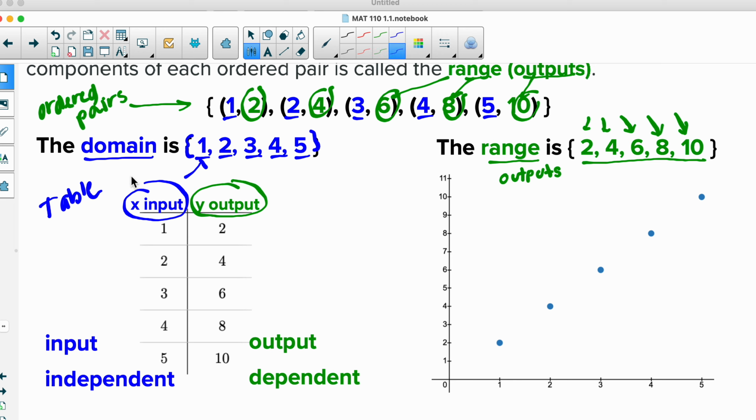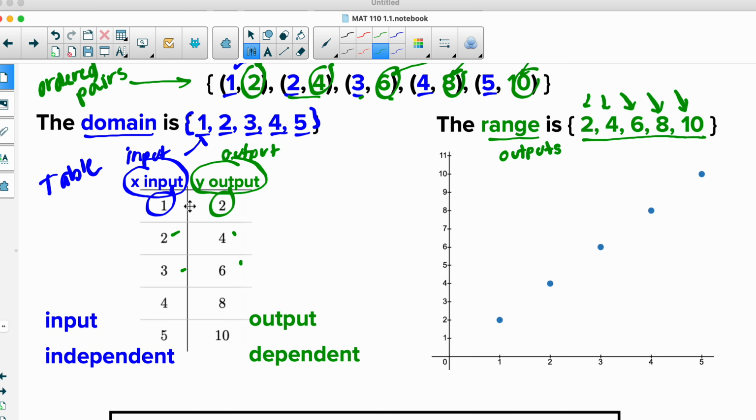And when we write it in table form, the inputs are always going to be on the left side, and the outputs are always going to be to the right of that. And so I can read this table saying I input 1, right? And then I get an output of 2. And so each set of ordered pairs I can represent in the table here, right? I've got 1, 2, 2, 4, 3, 6, and so forth.